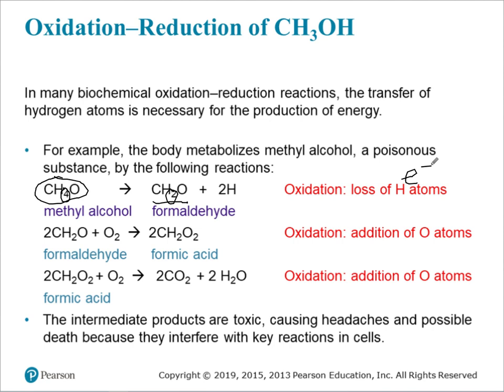Then the next reaction in this scheme is you take that formaldehyde and you add oxygen. When you add oxygen, notice how there's not a subscript here, which means that it's a 1. And now we have 2. That means that we have, again, lost electrons.